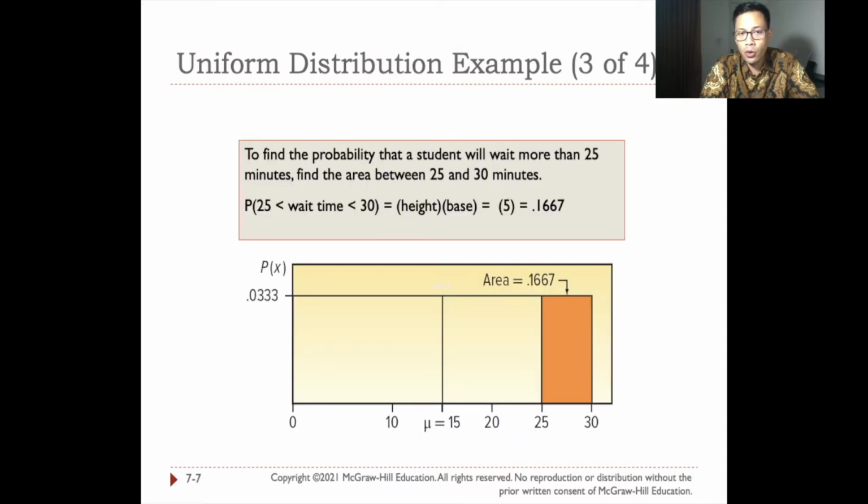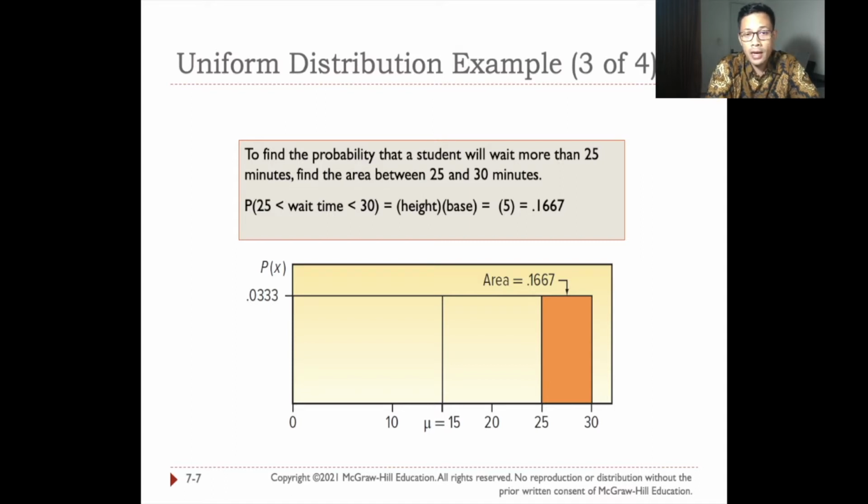Now, we can also look at a specific probability. In this particular case, we're interested in the probability that a student will wait more than 25 minutes. Recall that the waiting time is always between 0 and 30. So the probability of waiting more than 25 minutes is the probability of a wait time between 25 and 30.